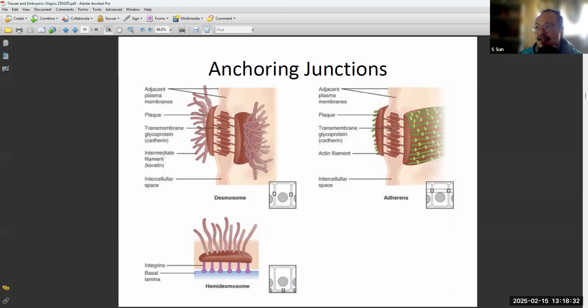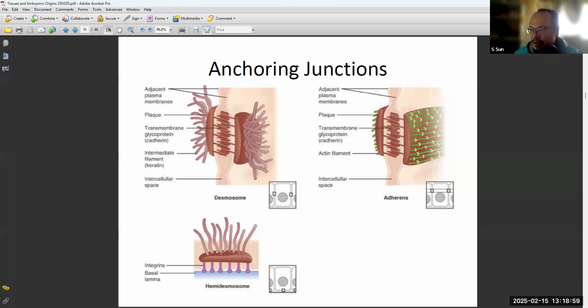You can see here the intermediate filaments such as keratin. Keratin is very common in our skin. So this is the intermediate filament. This one is actin, the microfilament. So they can anchor two cells together. These cytoskeletons can also structure the cell, so the cell will preserve its structure.